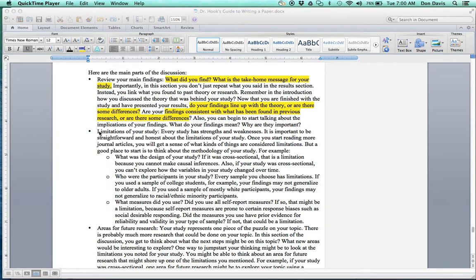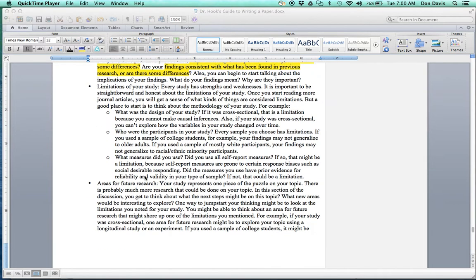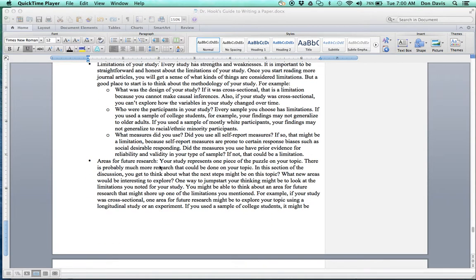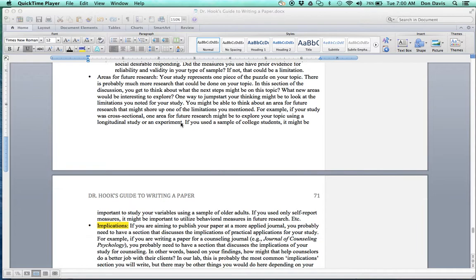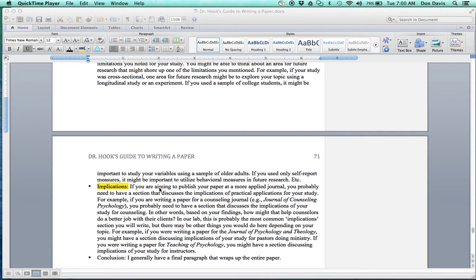So this section I feel like is fairly easy. I'm an ideas person, so I like planning and thinking about what could be done. There are some applied journals that will want you to have a section about practical implications, and usually this is pretty speculative.